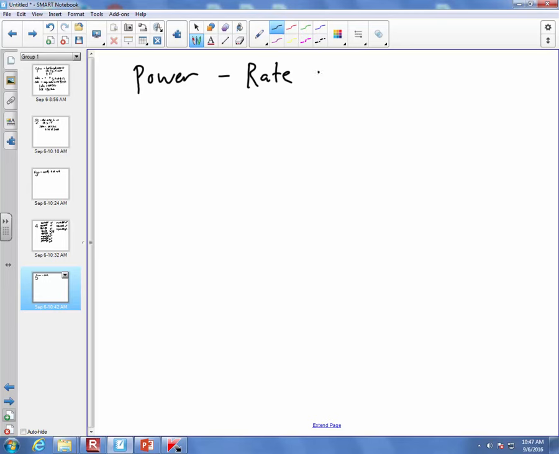So, rate of energy conversion or consumption, depending on how you want to think of it. Consumption implies that once you've converted it, you can't use it anymore. But conversion is a more physically accurate term.